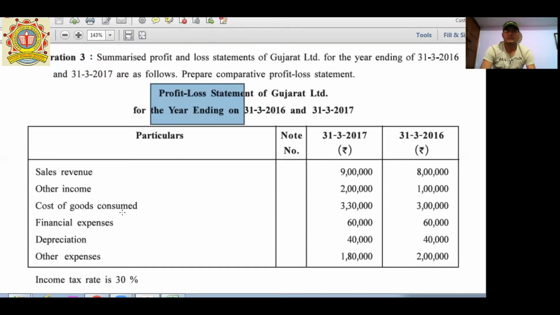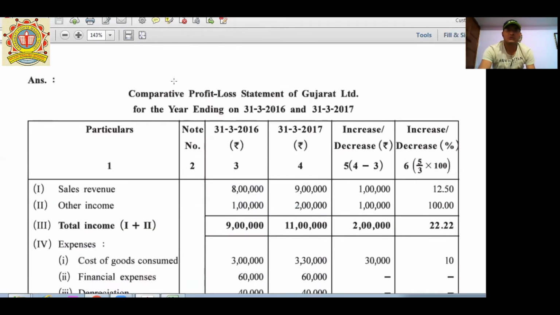Now we have to prepare the comparative statement with 6 columns. There are 4 columns that are fixed and given in the question: particulars, note number, current year and previous year. We have to prepare the comparative profit and loss statement for this company for 31st March 16 as well as 17.